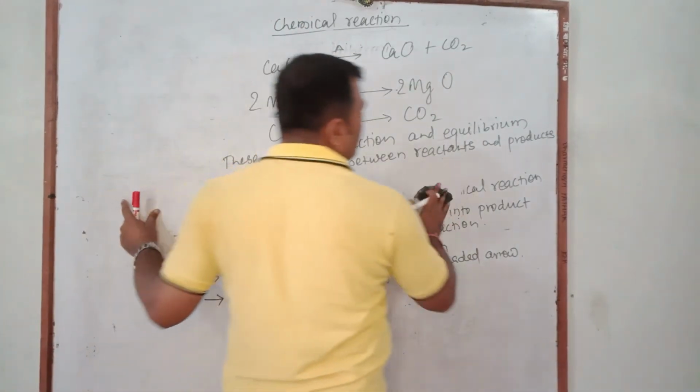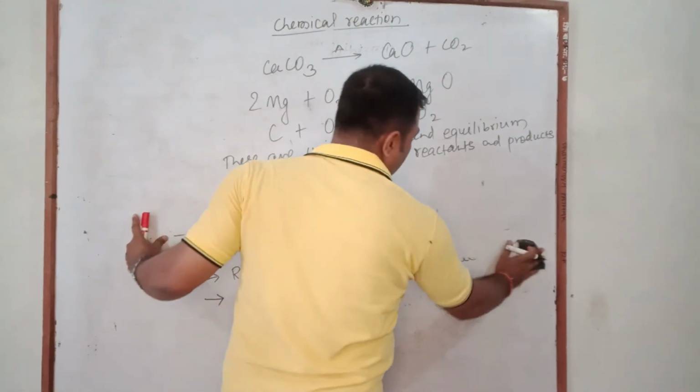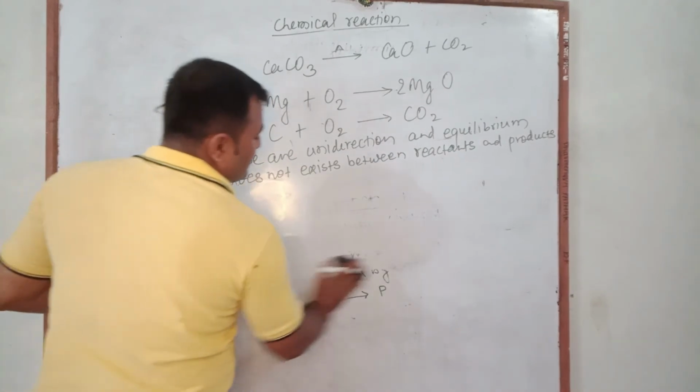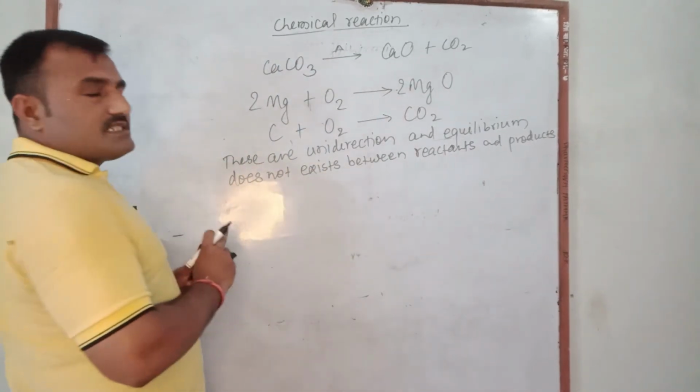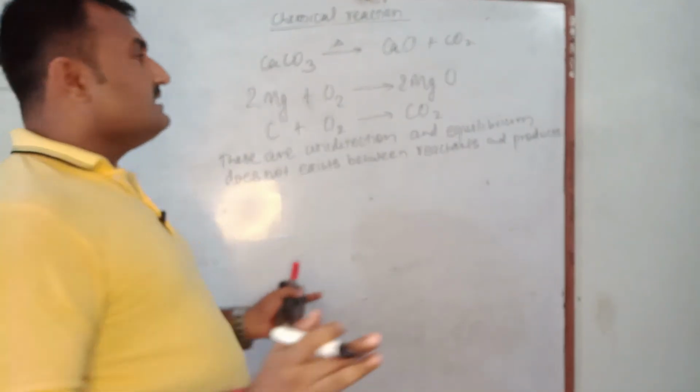Some chemical reactions take place in which reactants change into product and at the same time product changes into reactant, that is bidirectional in nature.